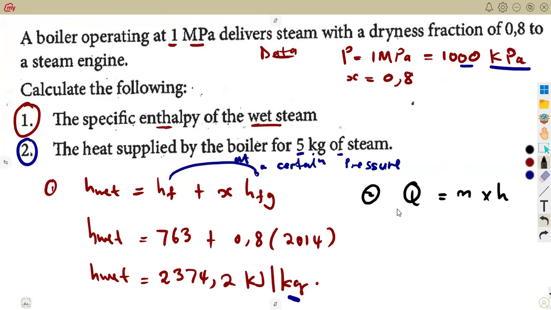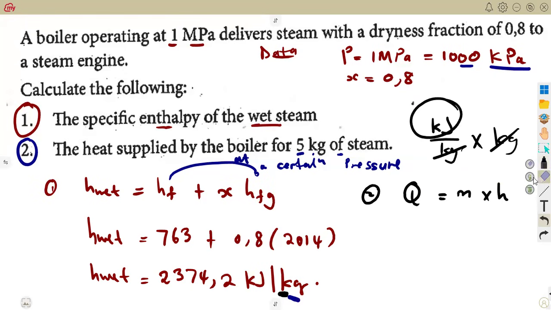So if it is Q wet, then it is going to be mass times H wet. It depends on what you're given. What is the mass? 5 kilograms. Remember, this is per kilogram. So it will be like this: kilojoules over kilogram times kilograms. This cancels. You remain with the kilojoules. That is why we have to multiply it by the mass.